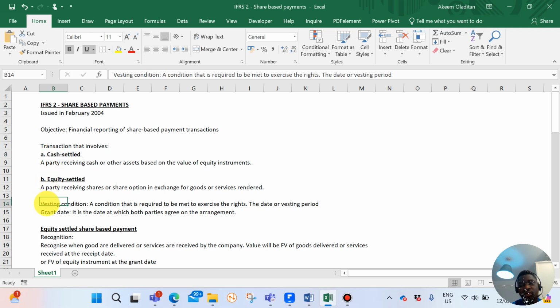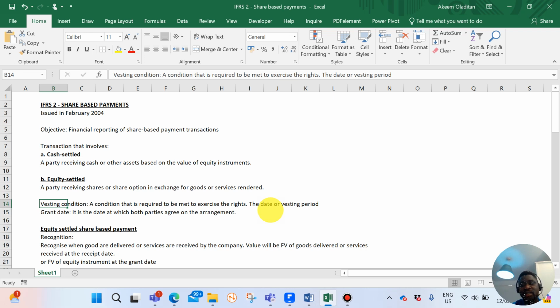So there's also what we call a vesting condition. It is a condition that is required to be met to be able to exercise the rights, like the dates, or we call it the vesting period. Vesting period is, say, the organization gives an employee an option to exercise the share option maybe after 2 years or after 3 years.